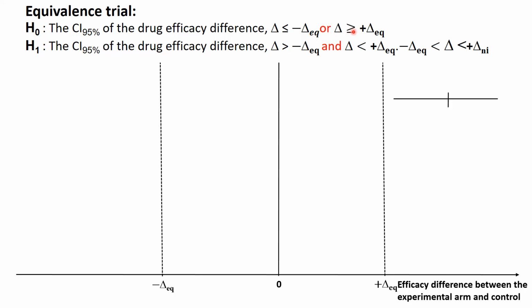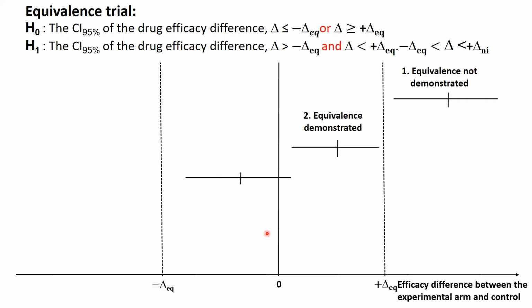So if it's greater than or equal to this, it's not demonstrating equivalence. Now let's move to the second one. You can see clearly that it's within the interval, so it's demonstrating equivalence.